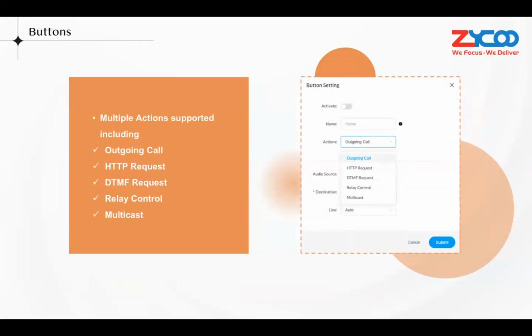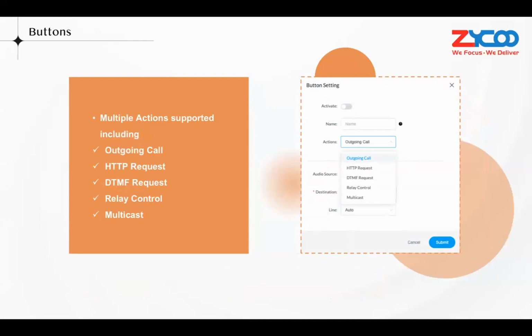Okay, let's continue. One of the standout features of the M100 is that it can support up to 30 programmable buttons. These buttons can be configured for various features such as outgoing calls, HTTP requests, DTMF requests, relay control, or multicast.